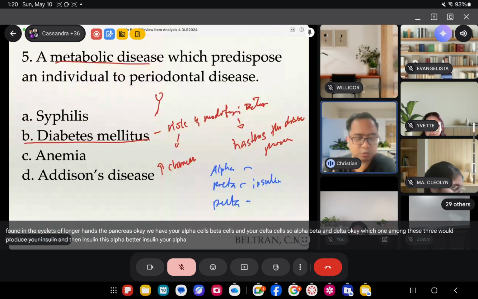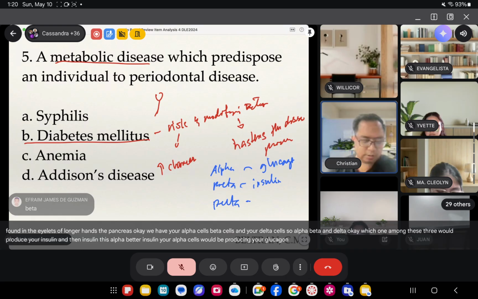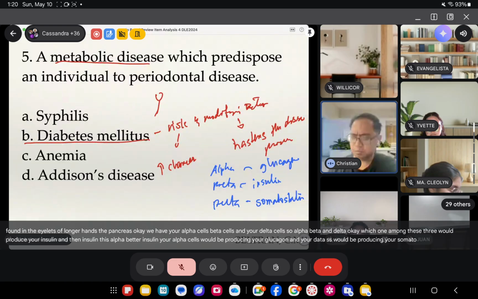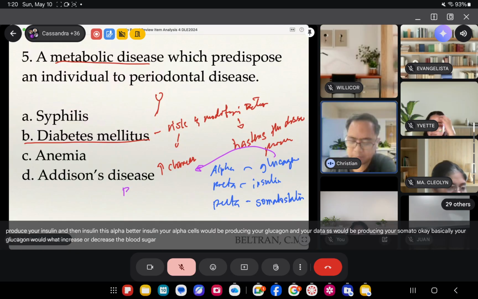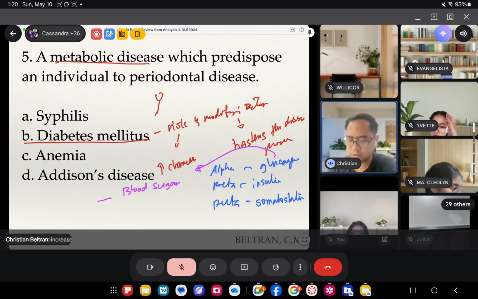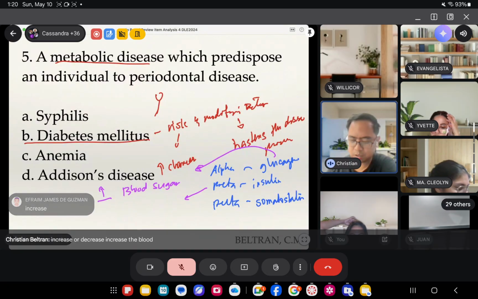Your alpha cells would be producing your glucagon, and your delta cells would be producing somatostatin. Basically, your glucagon would increase or decrease the blood sugar? Increase. Correct. It increases the blood sugar.